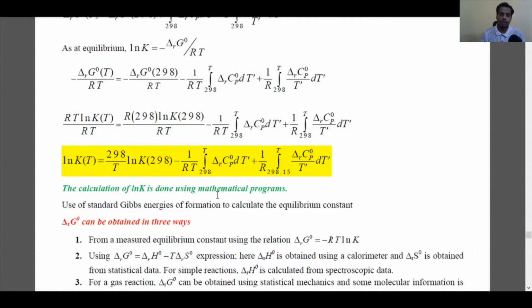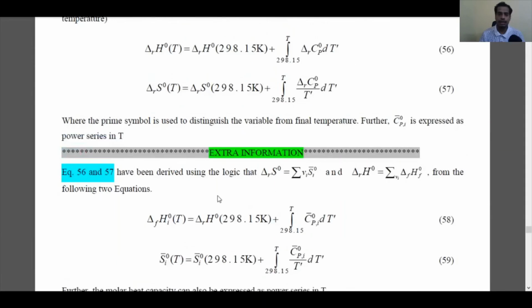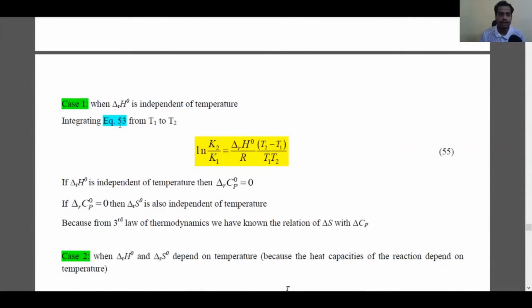So we have discussed two cases. In the first case, the reaction enthalpy was independent of temperature, so we could easily find the equilibrium constant expression using just an integration.